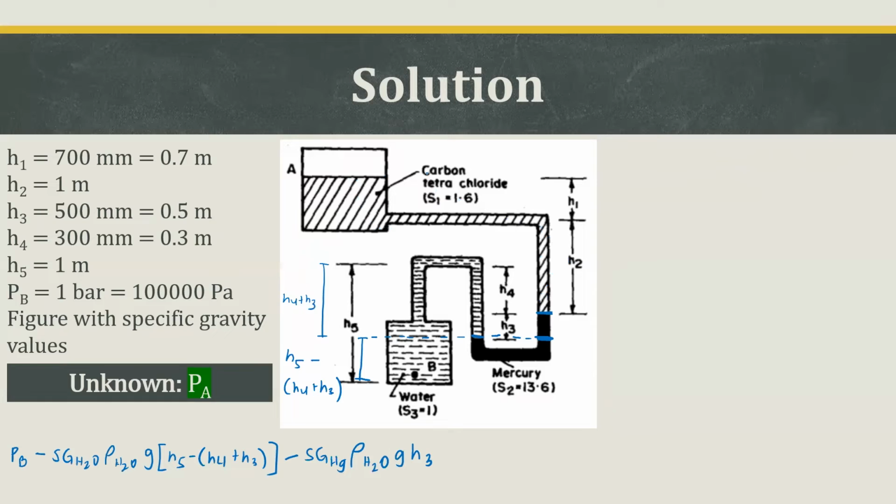Since it's just the same fluid, we can say that this entire height, so we need the pressure here, which is the same at this height. So we can get the pressure of carbon tetrachloride at this entire height, which is H1 plus H2.